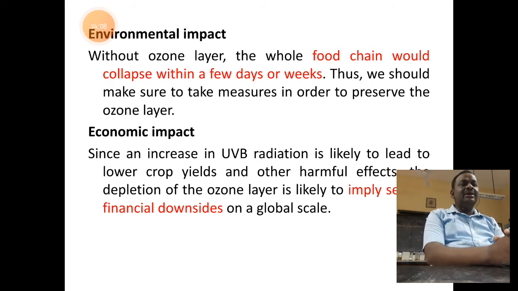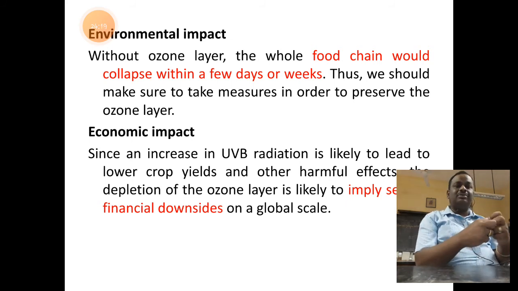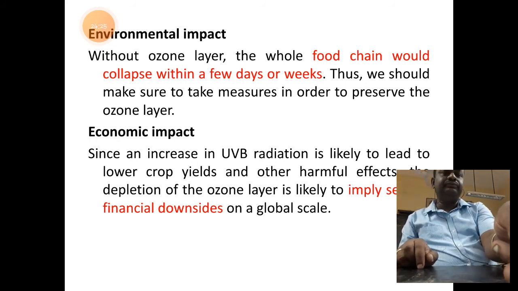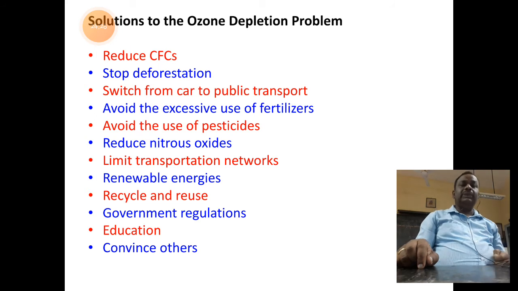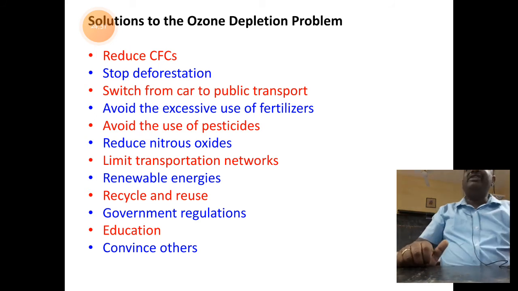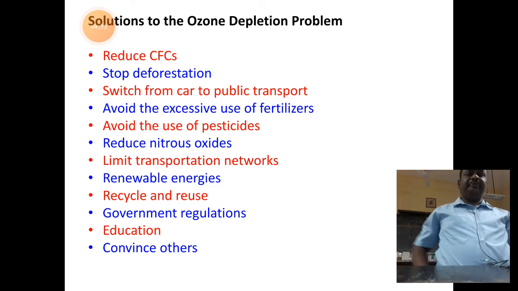Again, the collapse in the food chain and destruction of plants and animals is likely to reduce the financial status of a place at a global level. So, that is about how the ozone will interfere with the environment and economy.